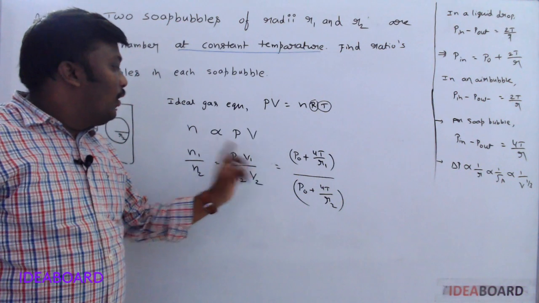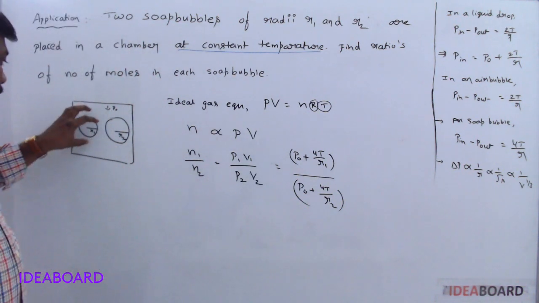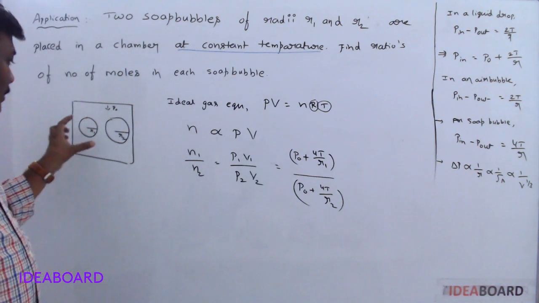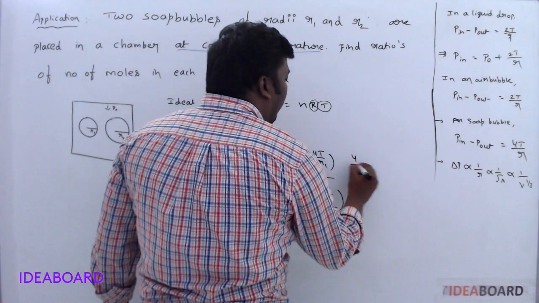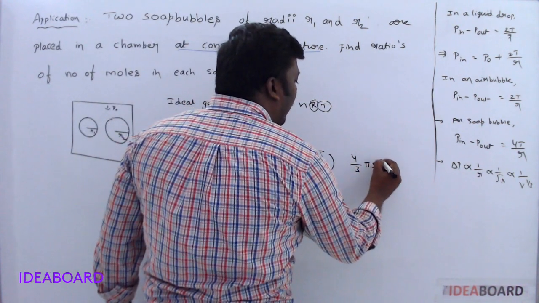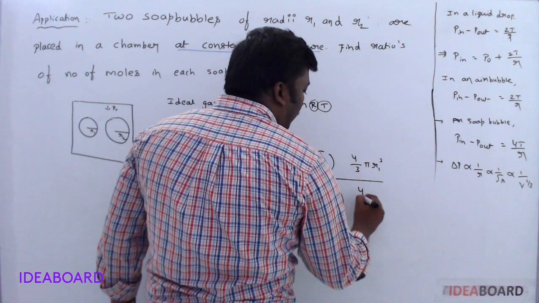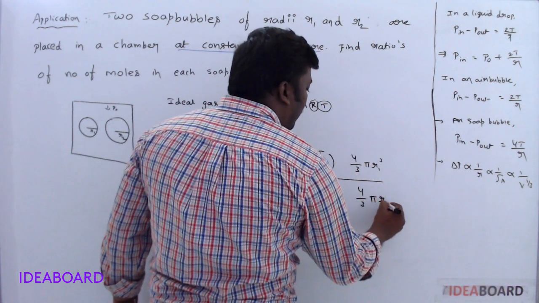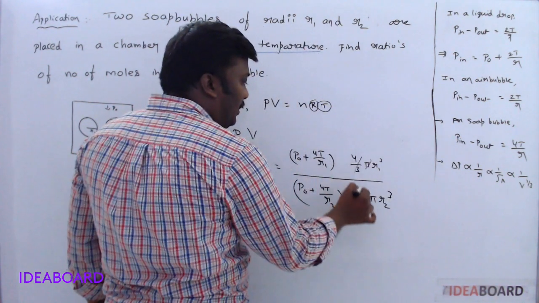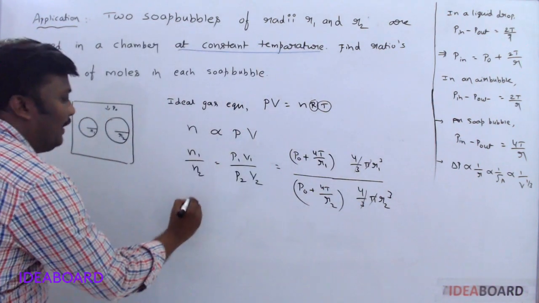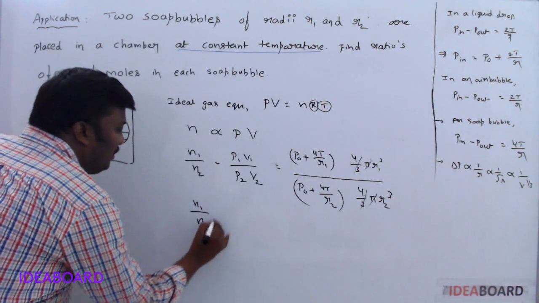Next, what is the volume of the sphere? Volume of the soap bubble is the volume of a sphere: 4/3 pi R1 cube by 4/3 pi R2 cube. So 4/3 pi cancels. So what is the ratio of the number of moles?